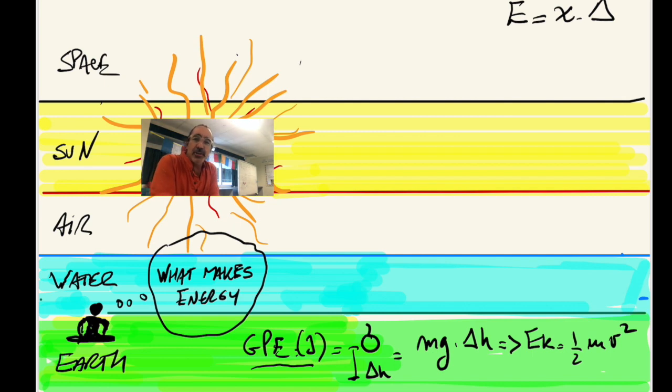What happens with the energy of water? How do we have hydraulic energy? To have hydraulic energy, we need to trap an amount of water in a dam, for instance, a volume of water in a dam, and then make that volume of water push a turbine. So this could be a turbine, and that transforms, again, gravitational potential energy into kinetic energy.